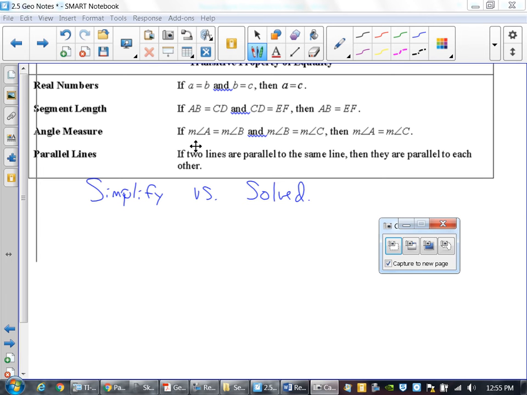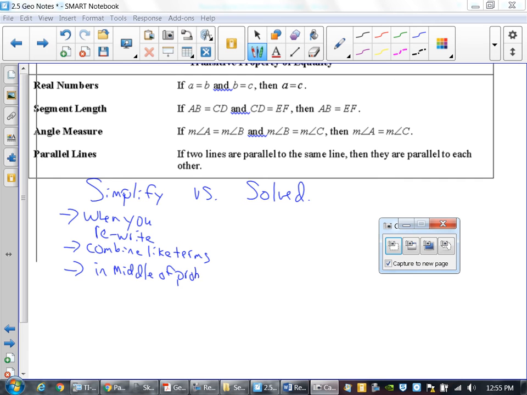The difference between writing simplified and writing solved is, well, simplify is when you rewrite, or when you're combining like terms. And it's generally in the middle of a problem. Solve is when you're done. Okay? Solve is only when you're done.